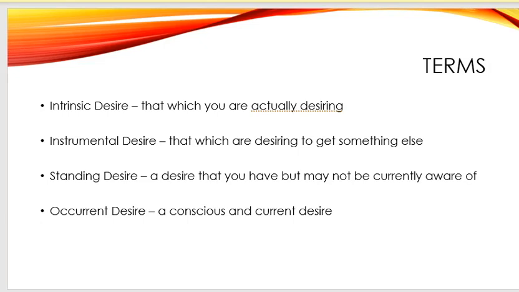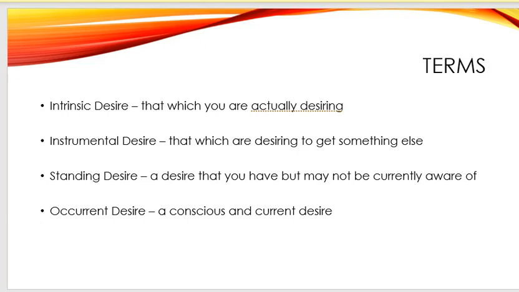Now, sometimes I'll call these things root desires, the intrinsic desires, and a root desire would be that which you're ultimately seeking in that object. For example, the pleasure of the buzz from the coffee. So if I got the coffee, that would be my object desire, my instrumental desire. And the intrinsic desire or the root desire then would be the buzz, the pleasure that you're looking for.